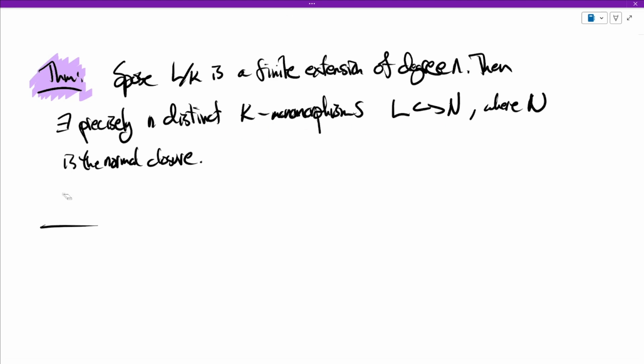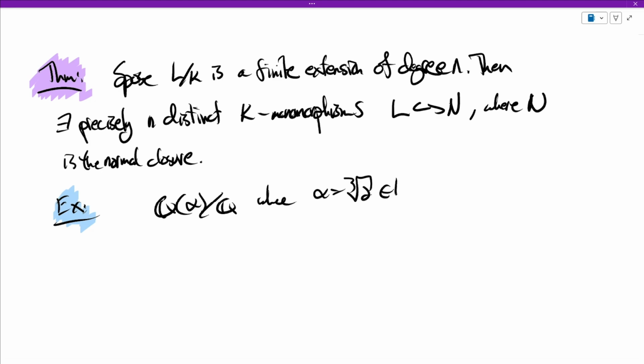And actually, before the proof, we already saw this. So as a quick example, just keeping the same example we've been doing, we had Q adjoin alpha over Q, where alpha was a real cube root of 2. And we found that the normal closure N was obtained by adding in a primitive cube root of unity omega.